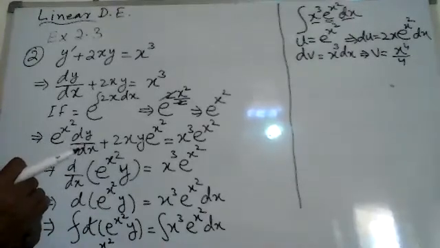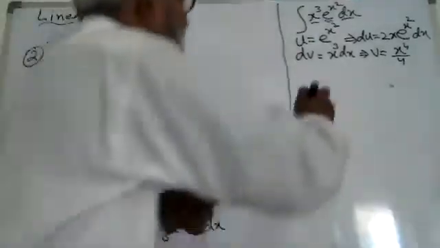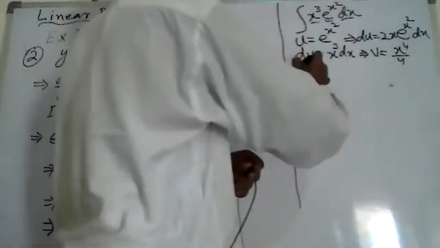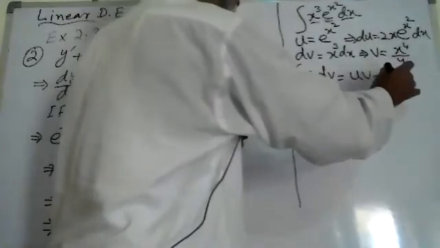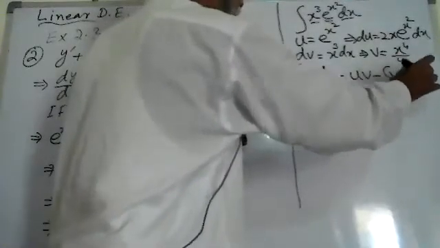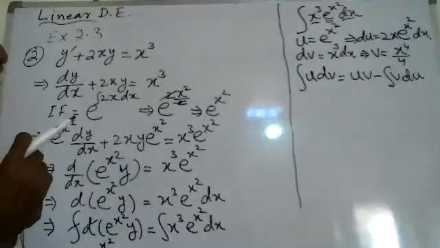Now we will multiply that one. Formula u dv is equal to uv minus integral v du.